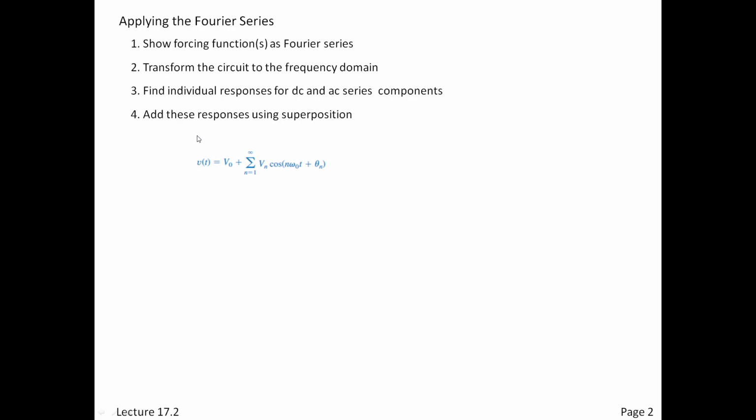All right. So now, if we have a forcing function, let's take a simple example. This one happens to be voltage, but the same representations could be made for current as well, of course. So here we are with a DC component. Let me get my pen and play here. Here we are with our DC component, right?